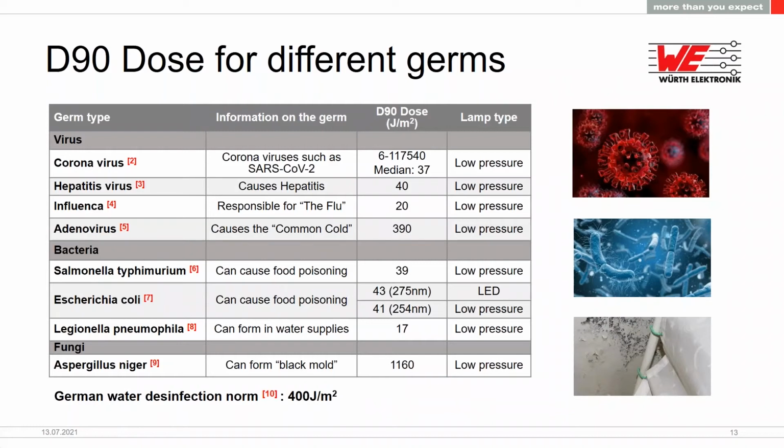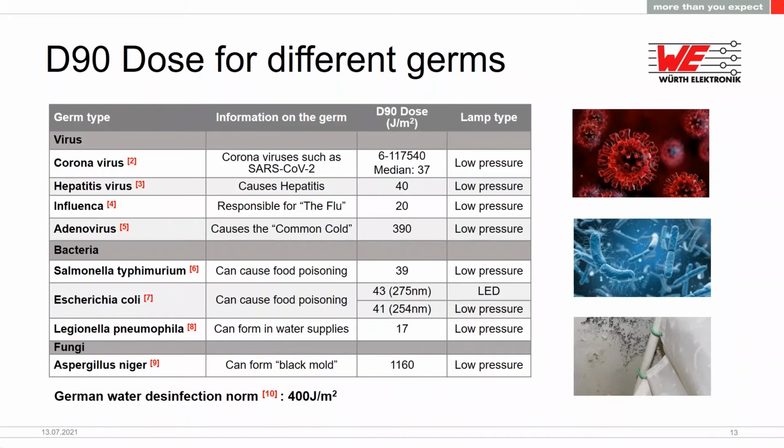So those are those UVC tubes that were already around for a couple of decades now. And those lamps have been used in the past for disinfection. But so this is also why most of those studies were performed using those low pressure lamps.